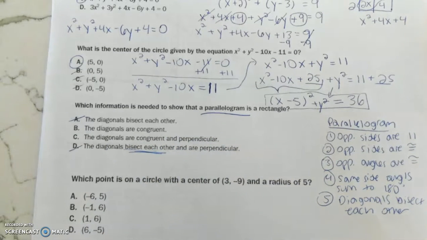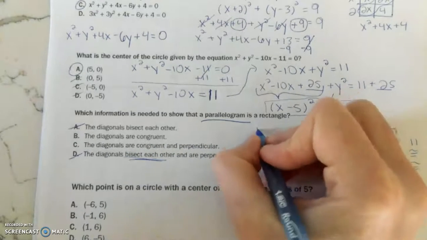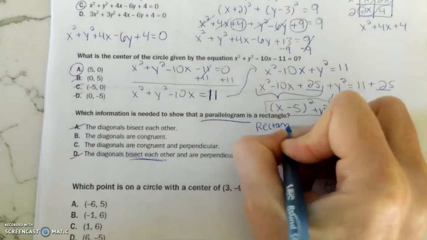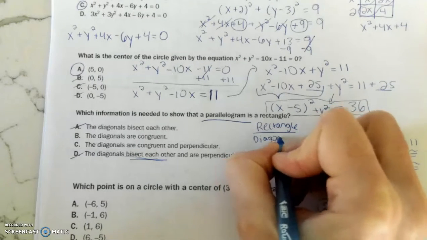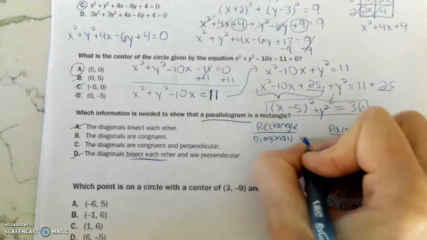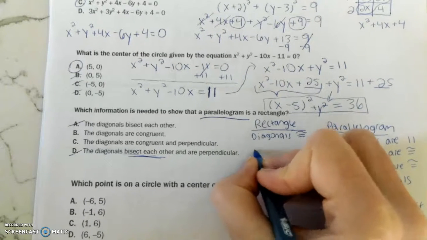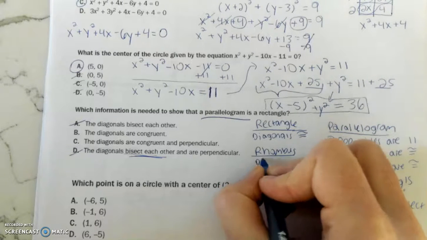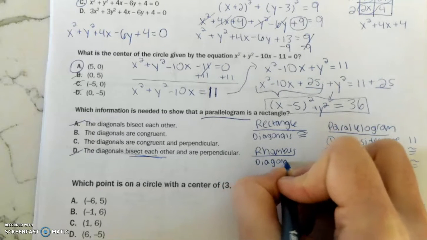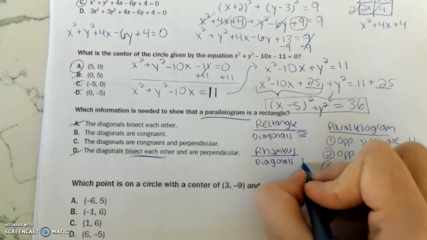All right, so we have to remember our special parallelogram properties, and that is for a rectangle, which we reviewed on the prove side, diagonals are congruent. All right, for a rhombus, diagonals are perpendicular.